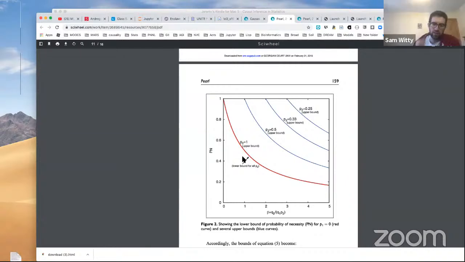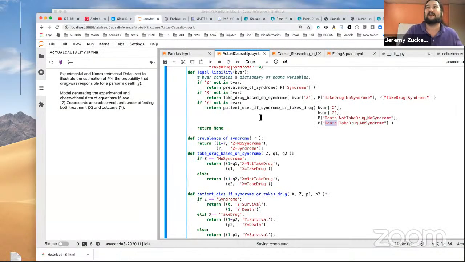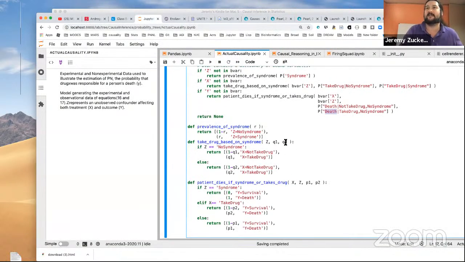And is there an interpretation to beta here? Beta is the probability of necessity, and this is Q2 over Q1 times P2. So let's go back to what Q2 is. Q2 is the probability of taking the drug given the syndrome.